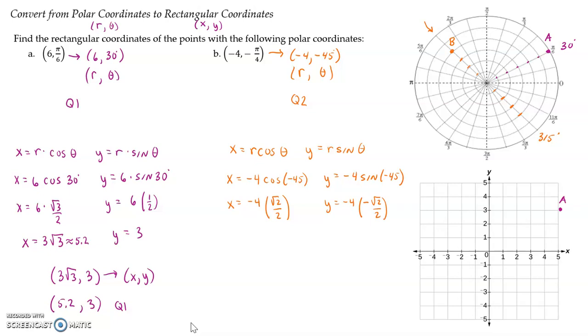So let's simplify each of these pieces. We're going to get an x value here that we can reduce to a negative 2 radical 2. And a y value here is going to be positive 2 radical 2.